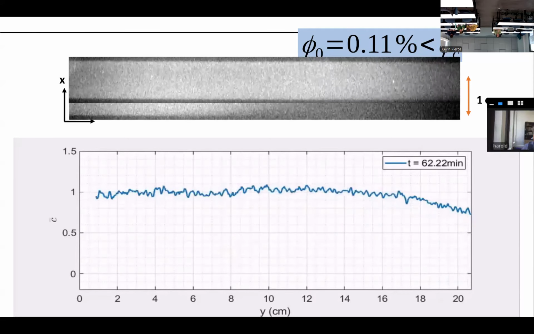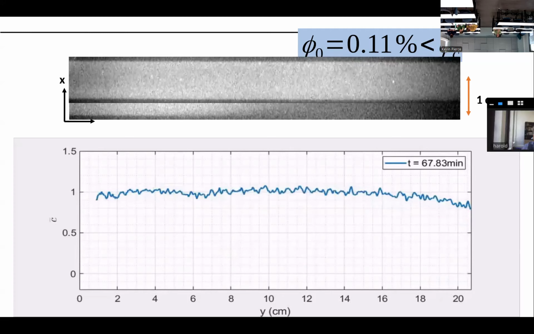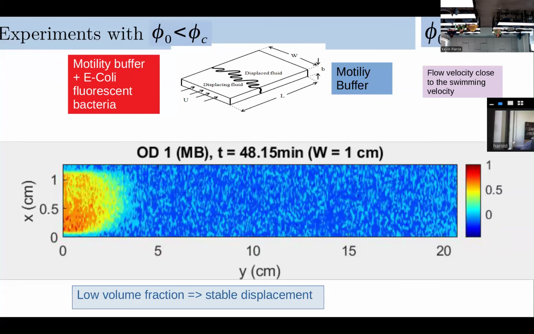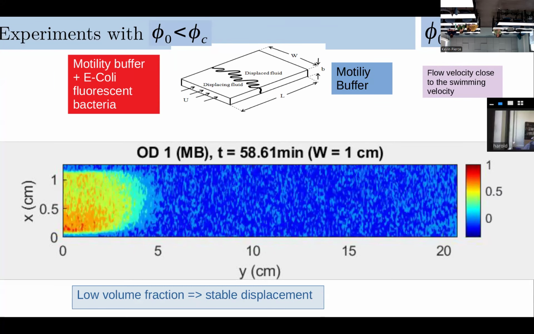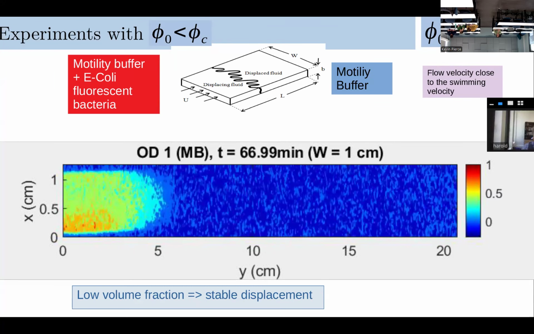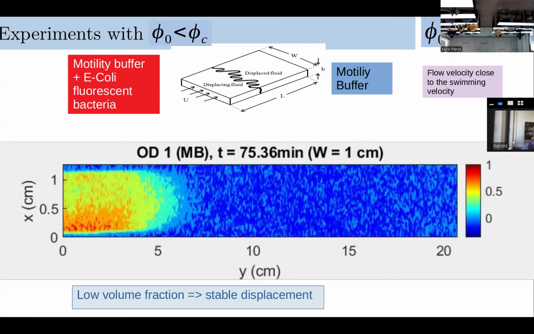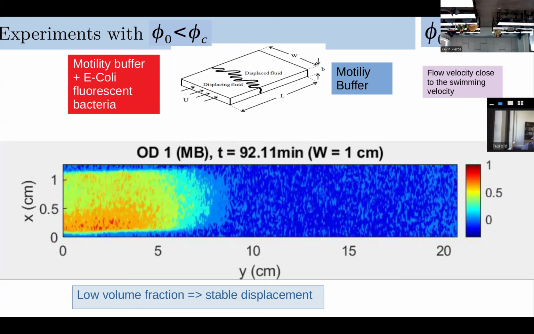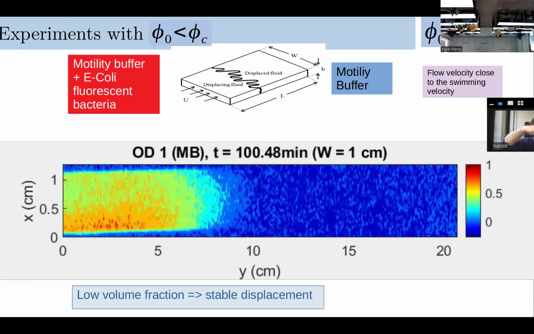So now we can translate concentration into colors, and that's the field of concentration that we observe from the top.